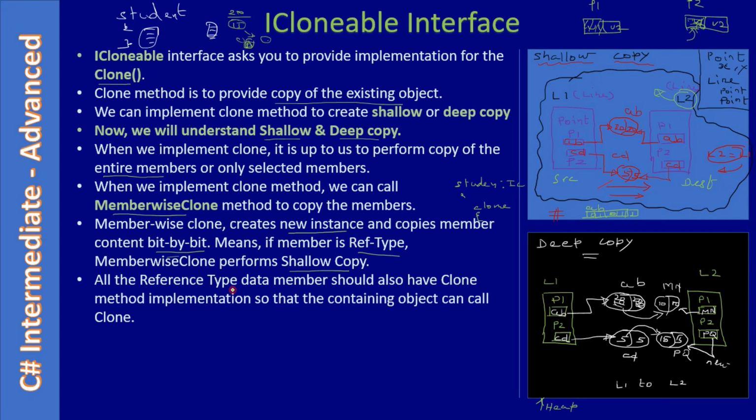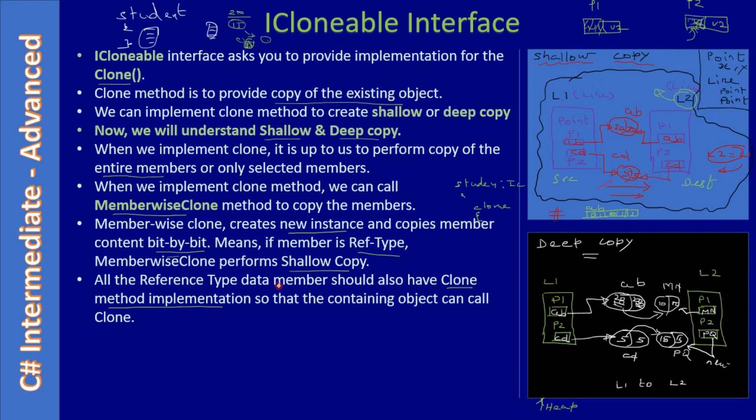All the reference type data members should also have a clone method implementation. Here if you see L1, for L1 we will implement the clone method, and for the point instance also we can implement the clone method by extending it from the ICloneable interface.